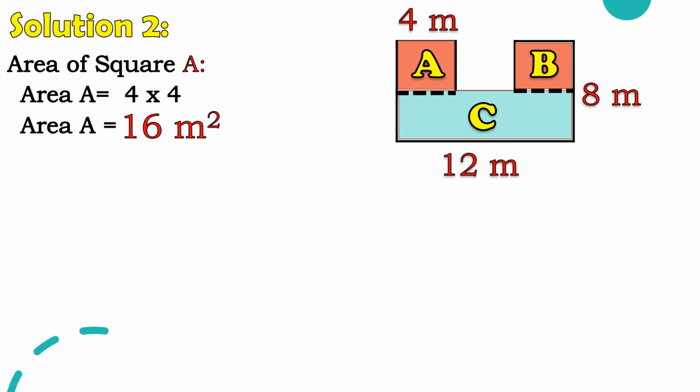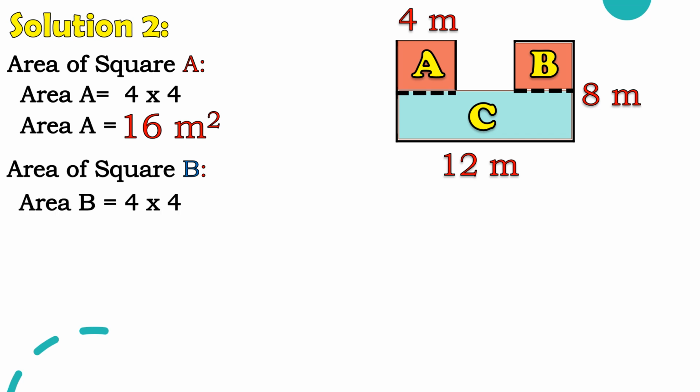Same thing din sa square B since parehas lang sila ng measurement. Sabi ko nga kanina, pwedeng kopyahin na lang natin ang area ng square B kasi parehas lang naman siya sa area ng square A. So here it is. Area of square B is 4 times 4, which is 16 meters squared.